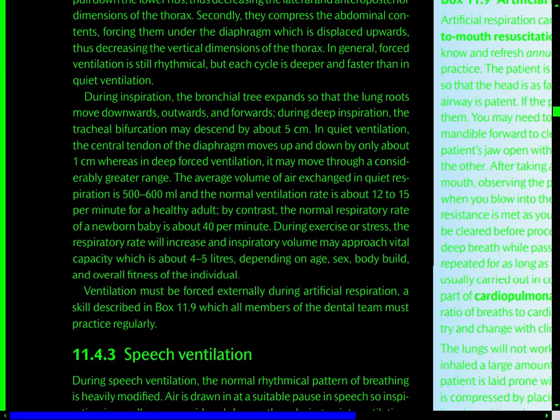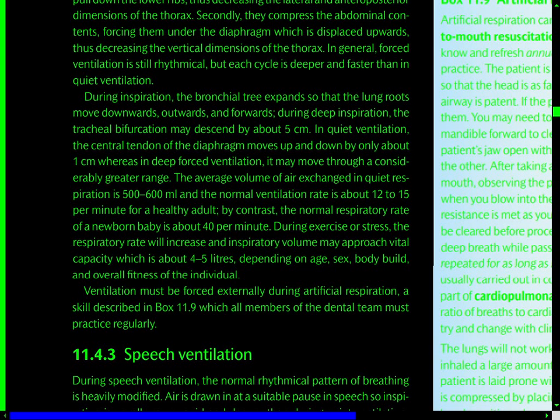Okay. During inspiration, the thoracic bronchial tree. What happens to the bronchial tree? It expands so that the lung roots move downward, outwards, and forwards. During deep inspiration, the trachea bifurcation may descend by about 5 centimeters.